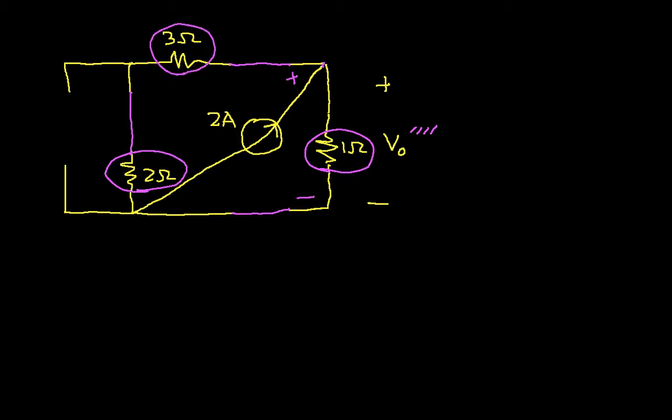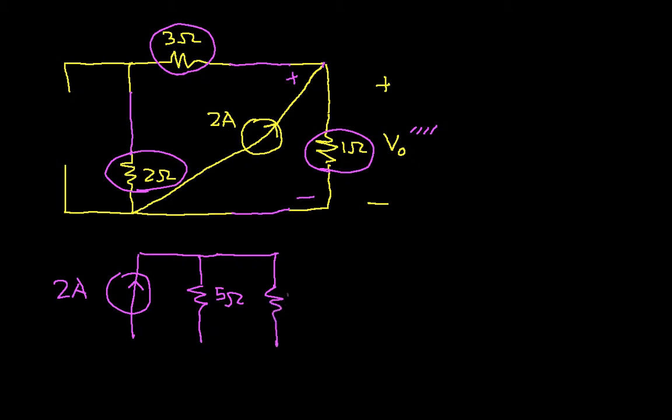So we can actually even redraw this to show you how this would work. So I've got my 2 amp source, and now I have the 2 ohm and the 3 ohm in series, which gives me 5 ohms. And that's in parallel with the 1 ohm resistor. And again, this is where our V0 quadruple prime is.